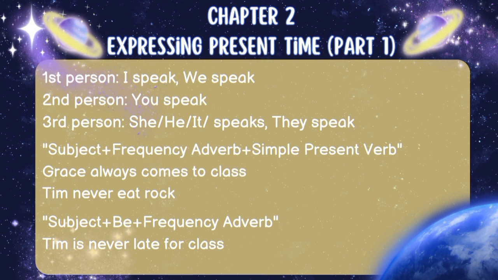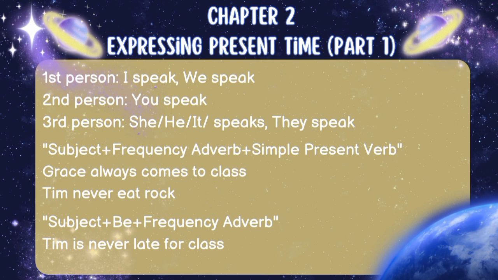The formula using frequency adverb is subject plus frequency adverb plus simple present verb. For example, Grace always comes to class. Tim never eats rock. Plus be plus frequency adverb. For example, Tim is never late for class.